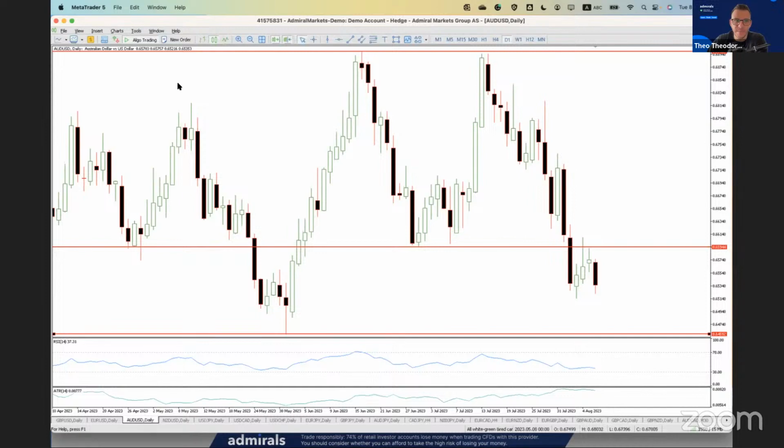Very predictable opportunity, to be honest, since the Reserve Bank of Australia kept rates unchanged. It's different if the forecast was expecting the rates to remain at 4.1%, and it's different if the forecast expected the rates to hike.